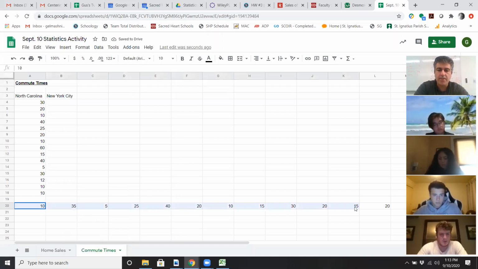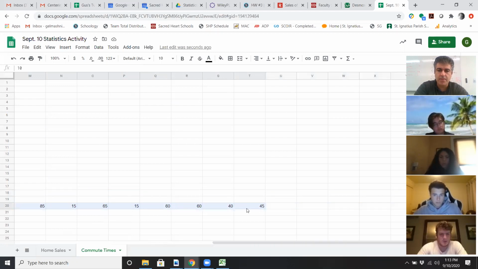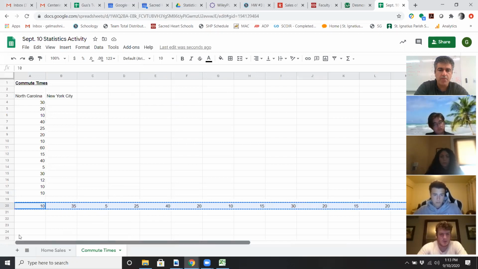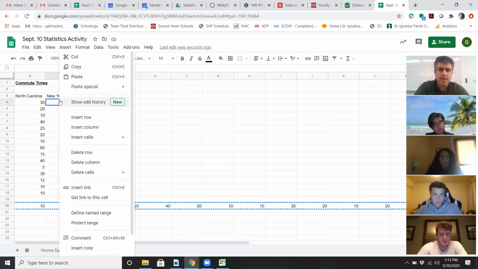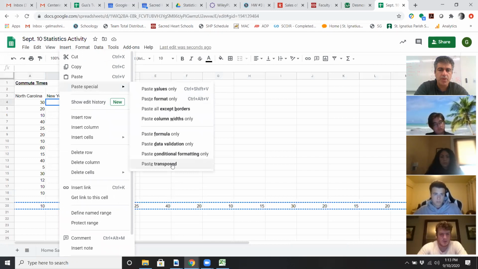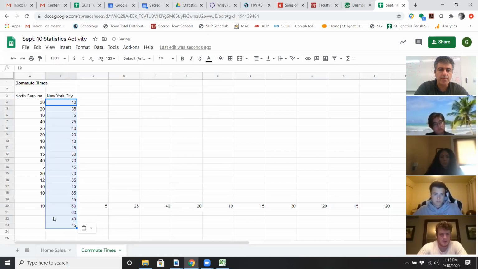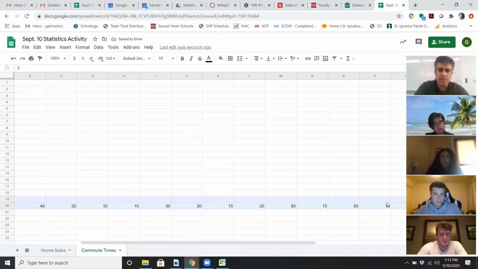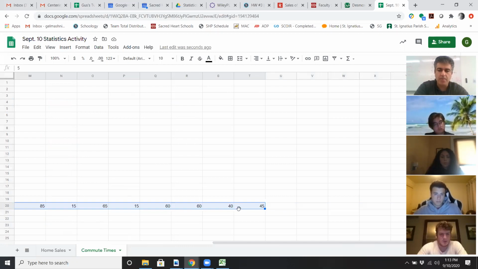And if I highlight these cells, I'll do a Control-C for copy or Command-C for your Mac. Then if I right-click, paste special transposed, there you go. Of course, it overwrote some of them. Not a big deal because I wasn't interested in seeing those. I want to get rid of that anyway. And if you just backspace, it clears all that out.